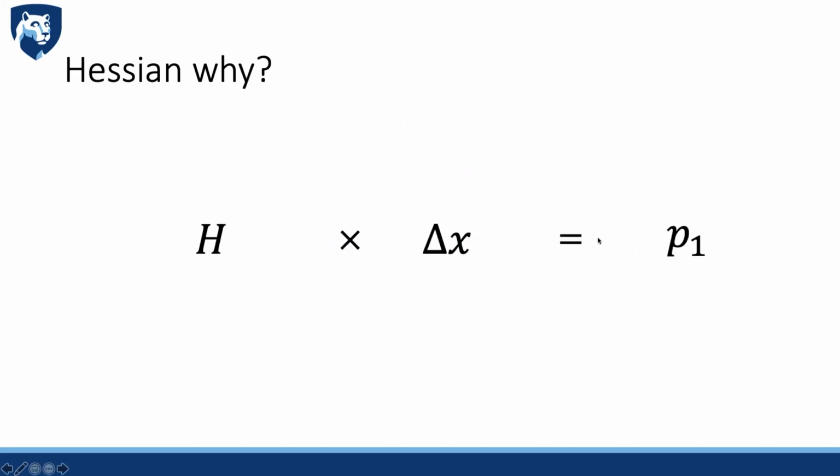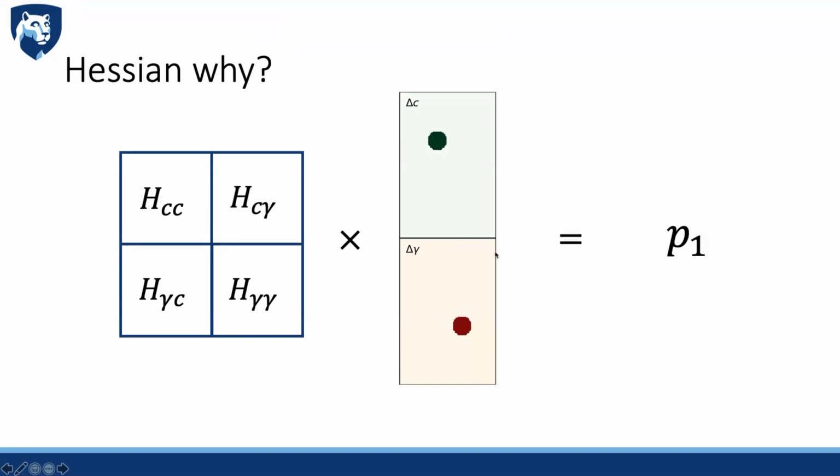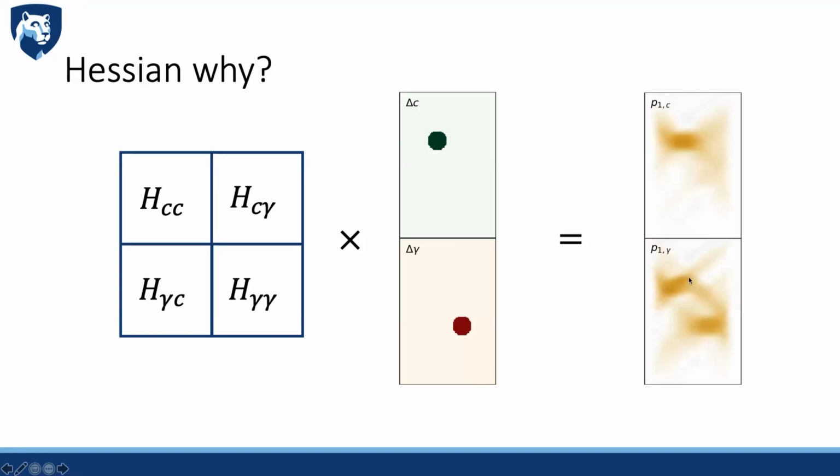Now let's see why we care about the Hessian, or how the Hessian matrix is related to the crosstalk artifacts. As I have mentioned, for a quadratic problem, we have this relation, H delta x equals P1. In this example, H is the Hessian matrix with this block structure, delta x is the difference between the target and the initial models, namely the anomalies, and P1 is the negative gradient, which has crosstalk artifacts right here.